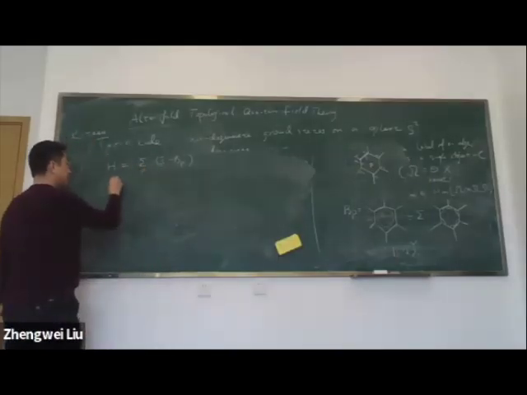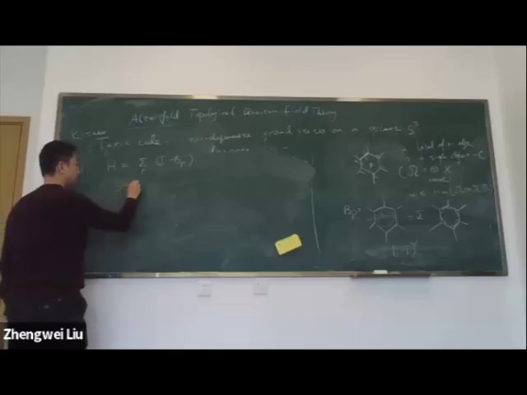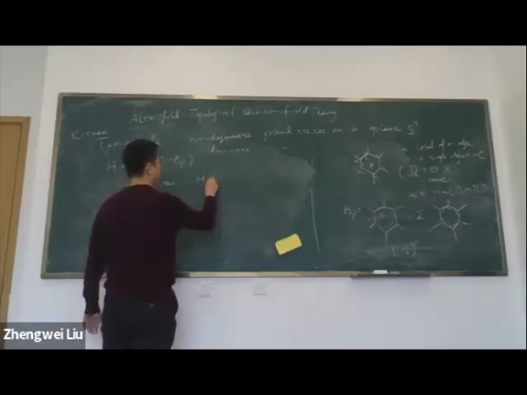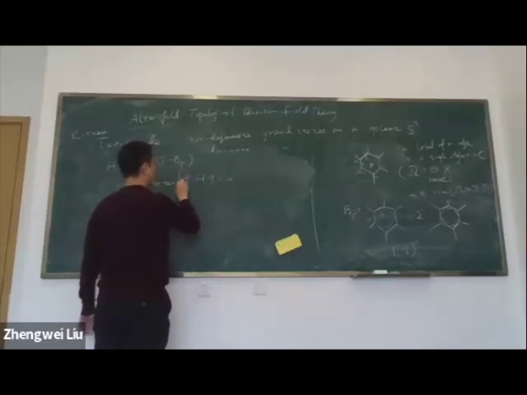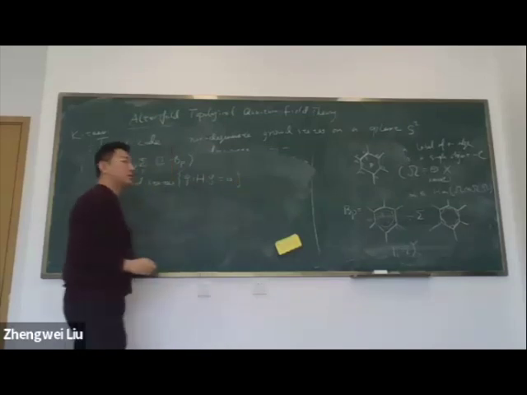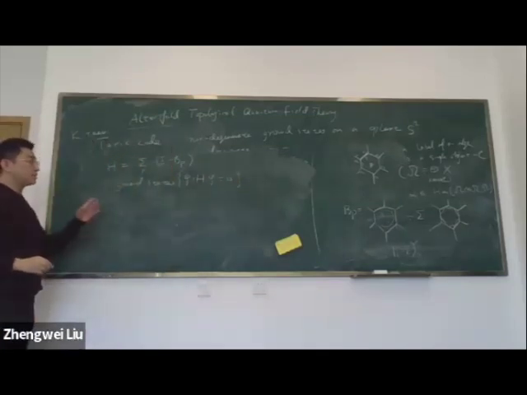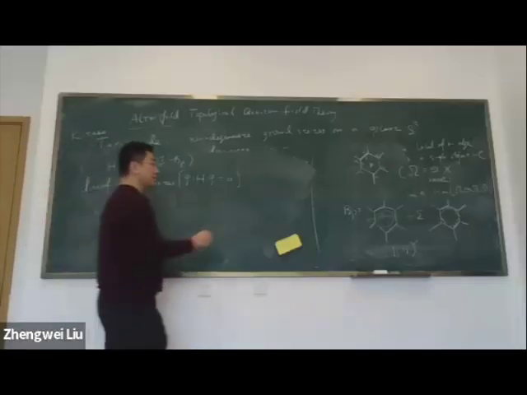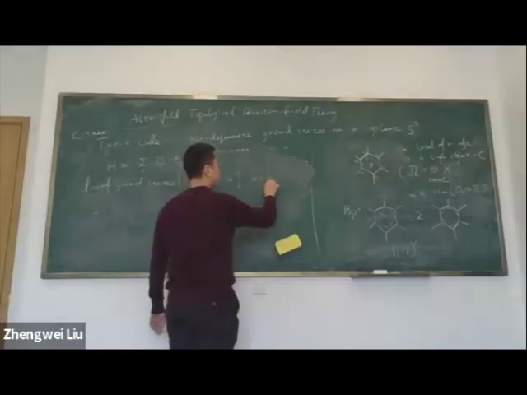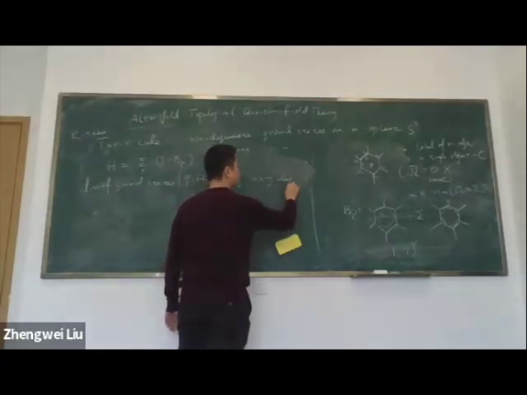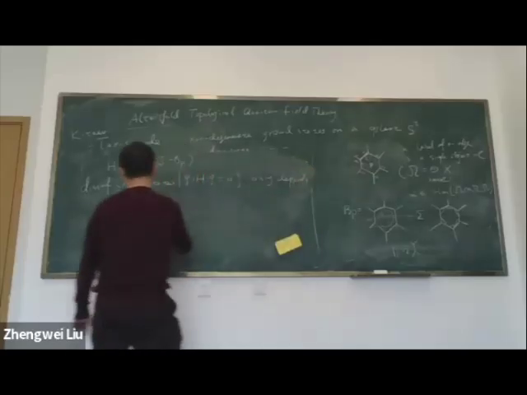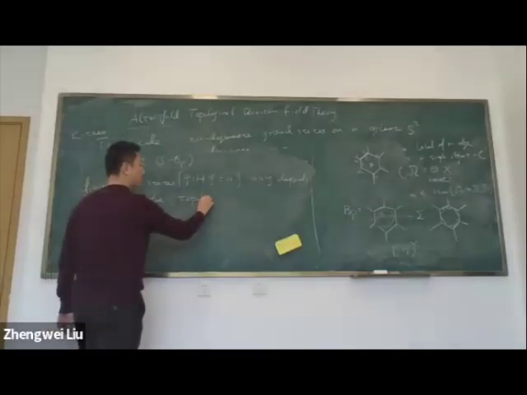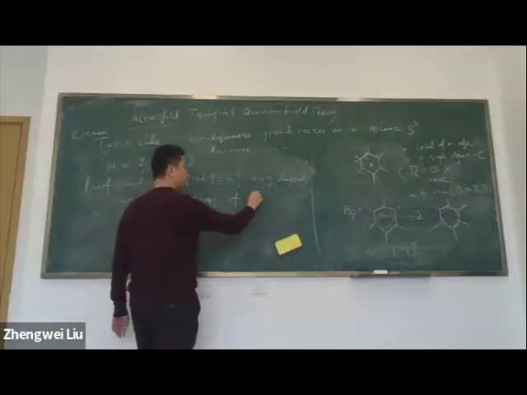Take this Hamiltonian and take the ground states. And once again, the dimension of this vector space of the ground state space only depends on the topology of the underlying surface.